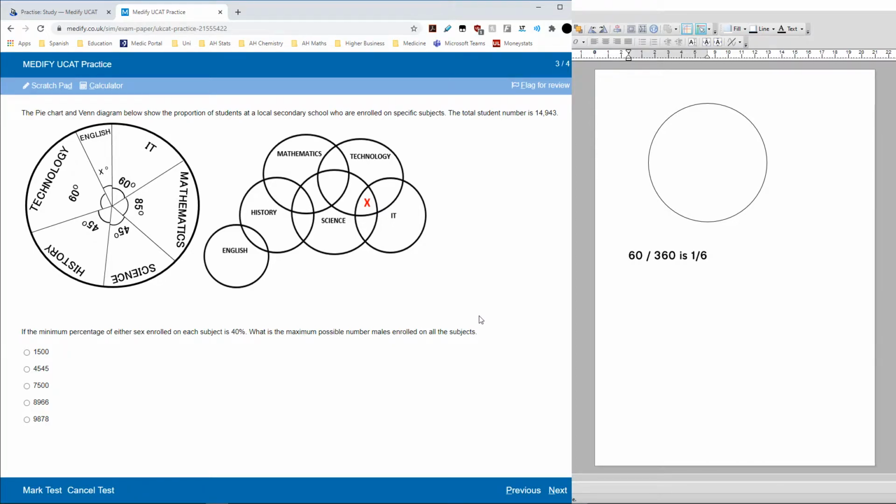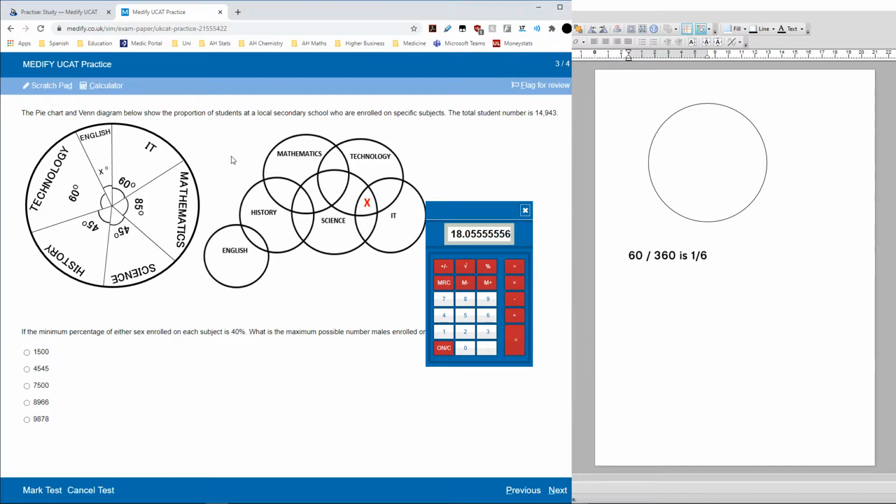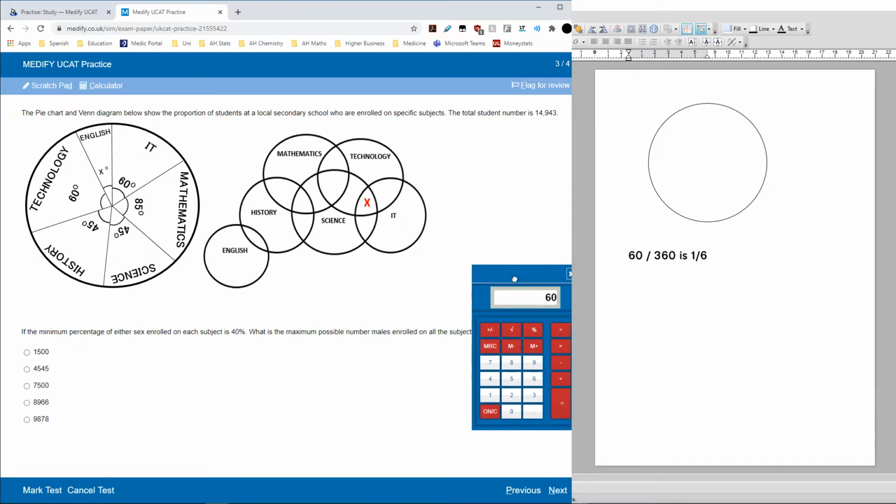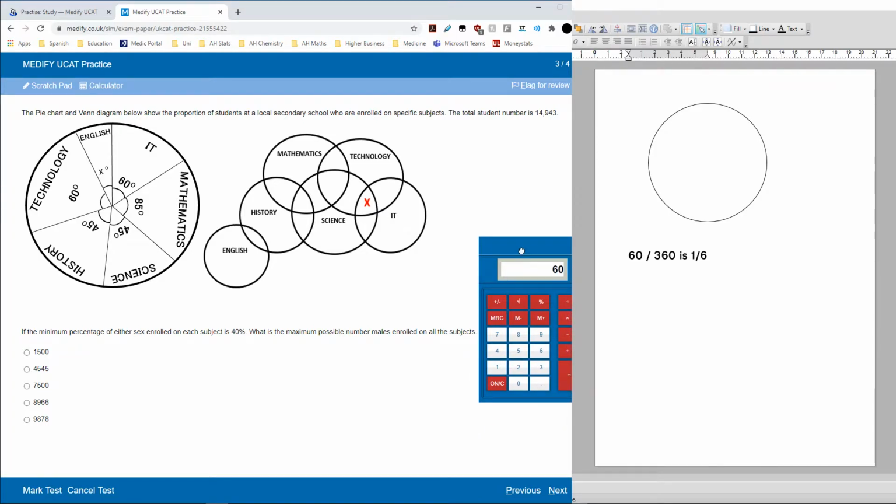So what this means is there must be at least 40% females or 40% males on any subject. So if we're going for maximum possible males, we do 100, take away 40, because there must be 40% females. That'll give us a maximum of 60% males.